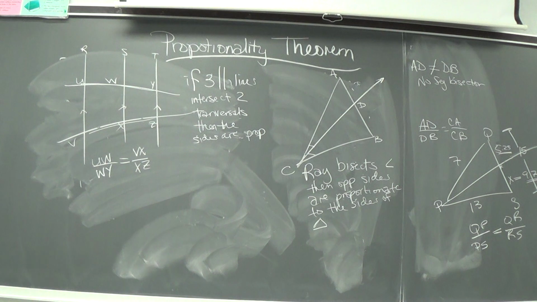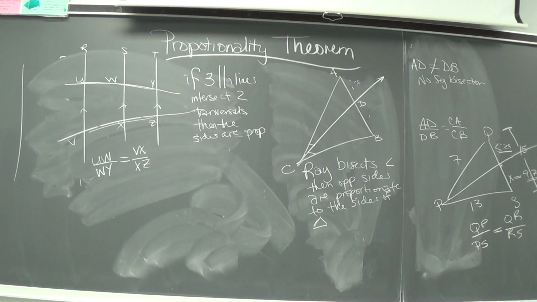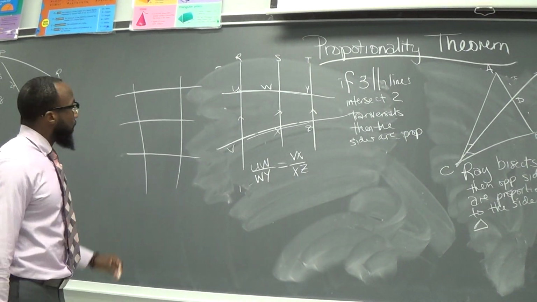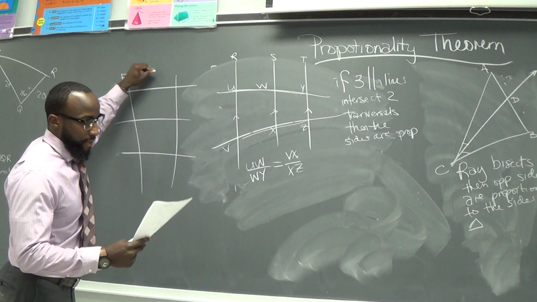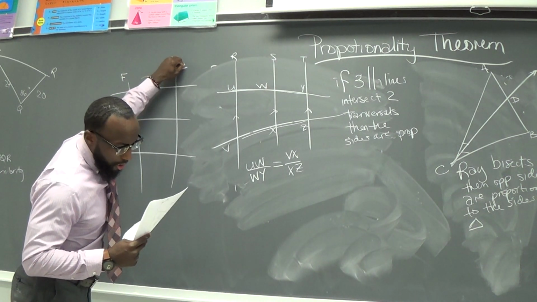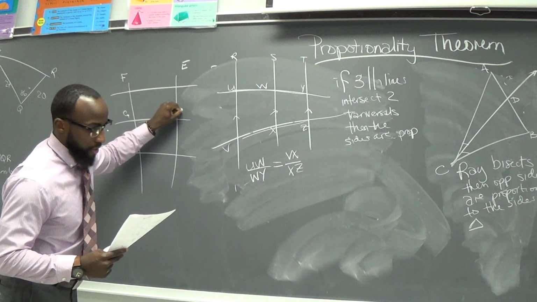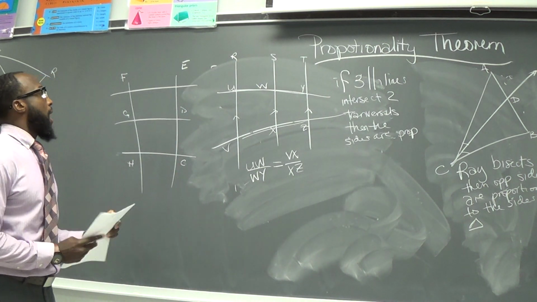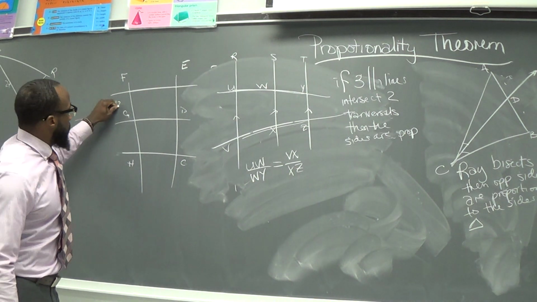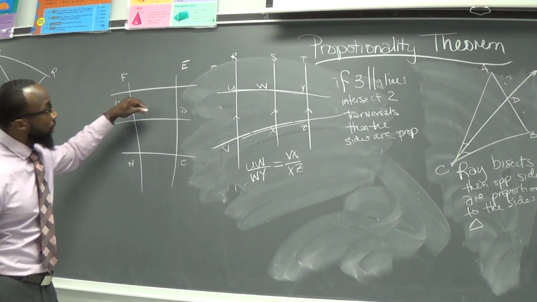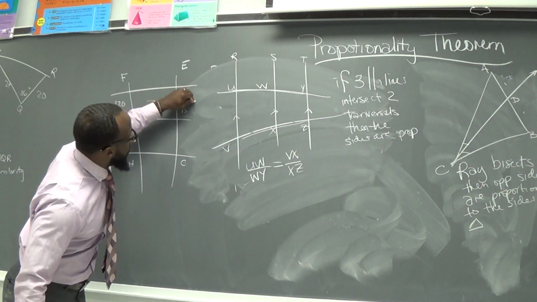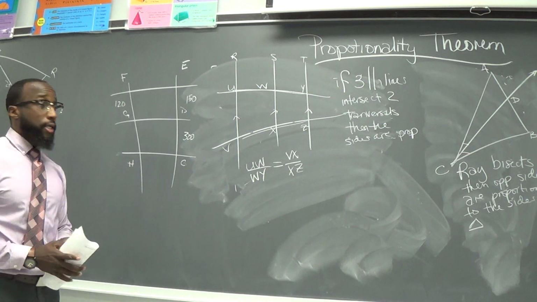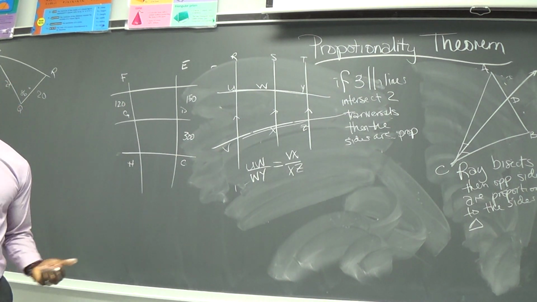So we have two transversals and three parallel lines, labeled F, E, G, D, H, C. This right here is 120. ED is going to be 150, and DC is going to be 300. Because it's just numbers.